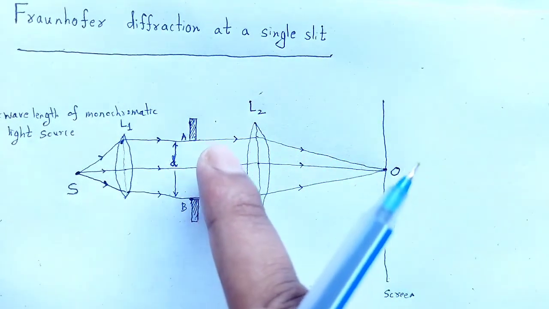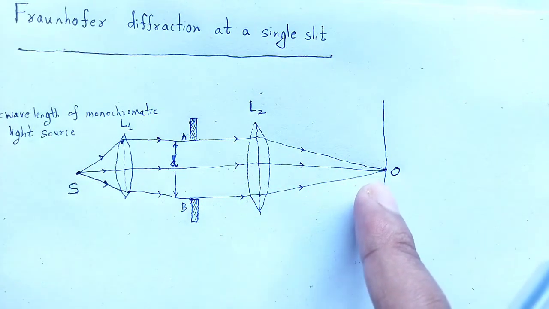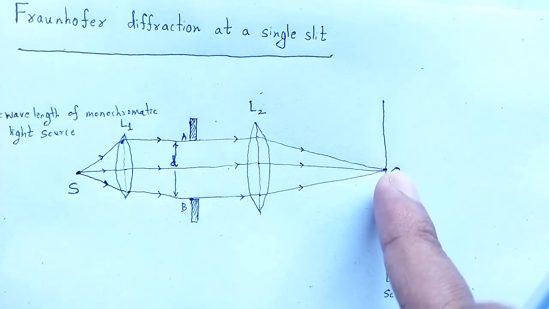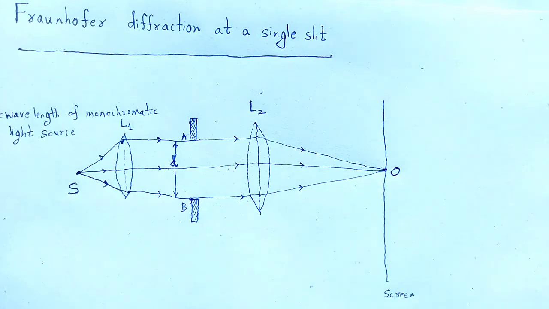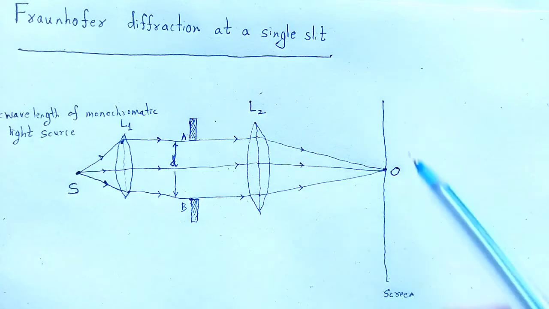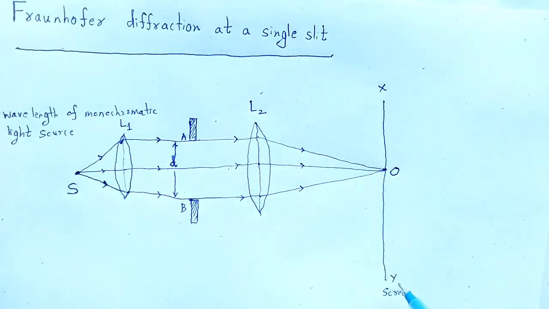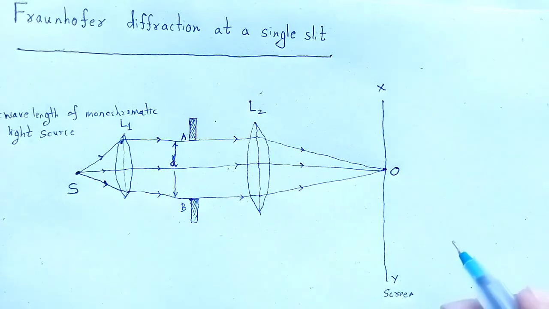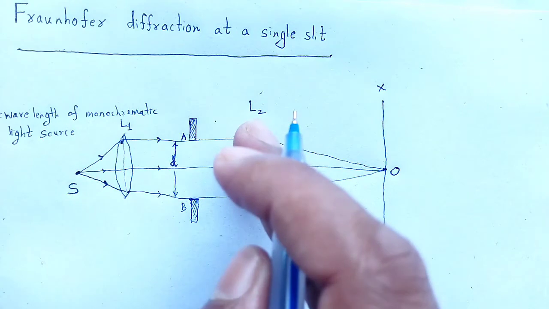That is why the parallel rays are now focused at point O. Let that diffracted light be focused by the convex lens L2 on the screen XY placed in the focal plane of lens L2.